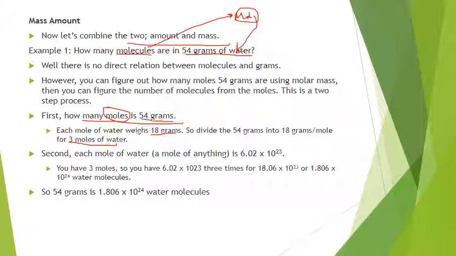Now you know each mole is 6.02 times 10 to the 23rd. And you do that 3 times, and you get 18.06 times 10 to the 23rd, or in scientific notation, 1.806 times 10 to the 24th water molecules. So 54 grams is, not equal, it's just saying that 54 grams is 1.806 times 10 to the 24th water molecules.